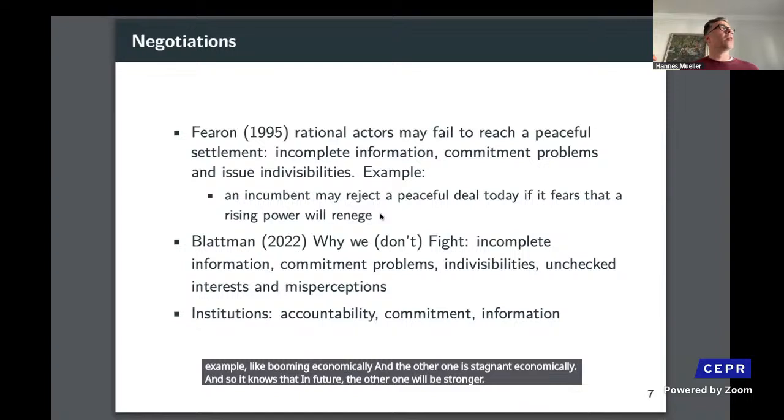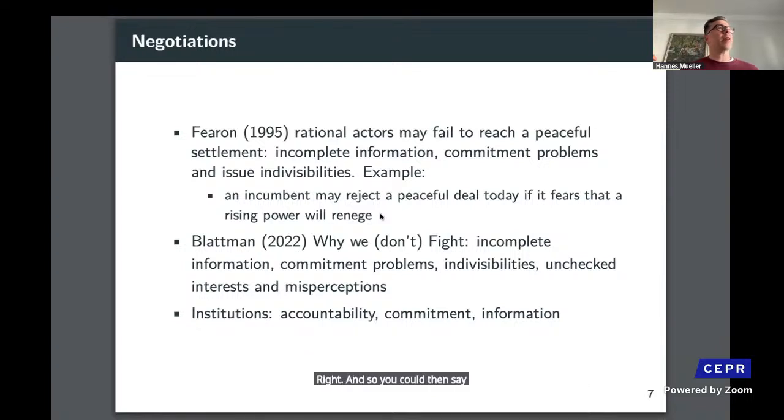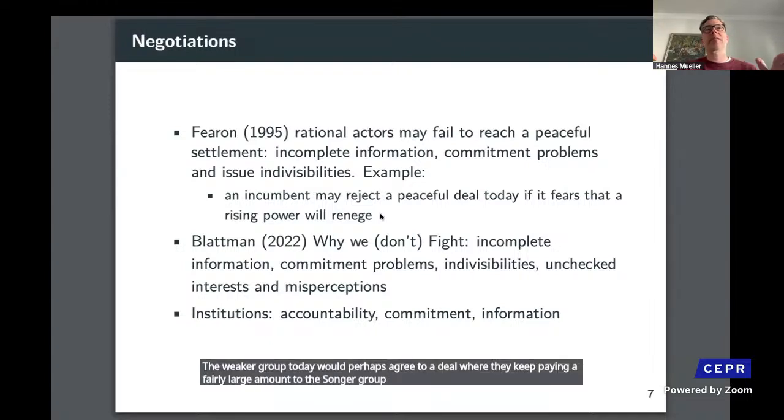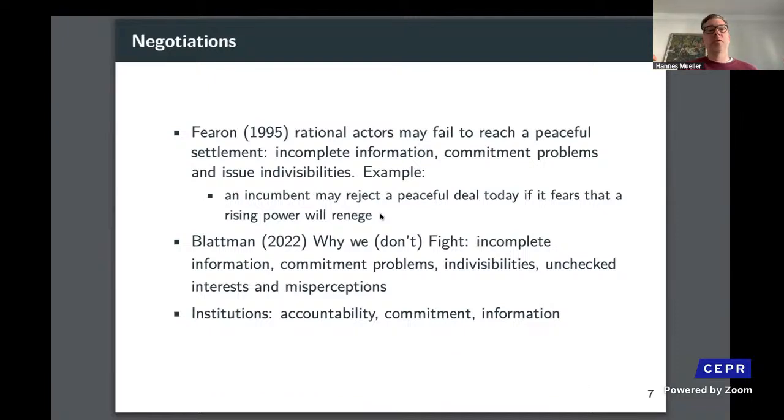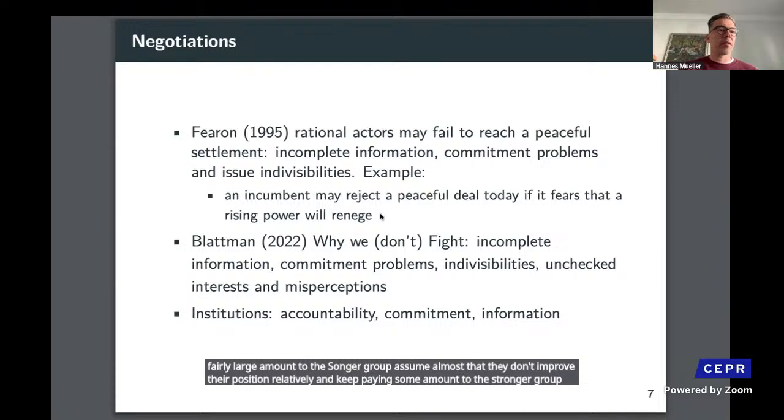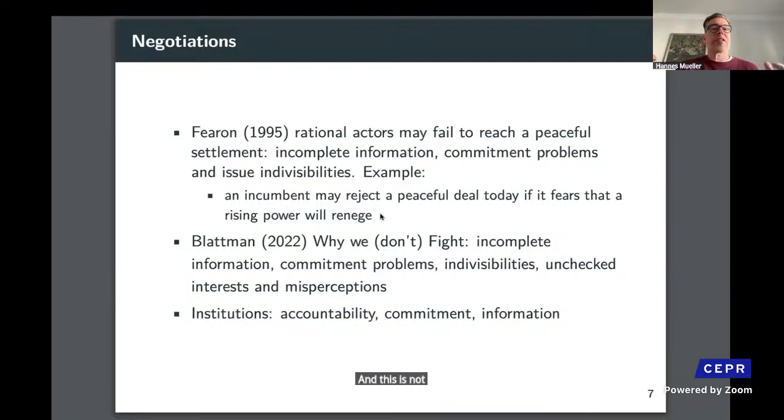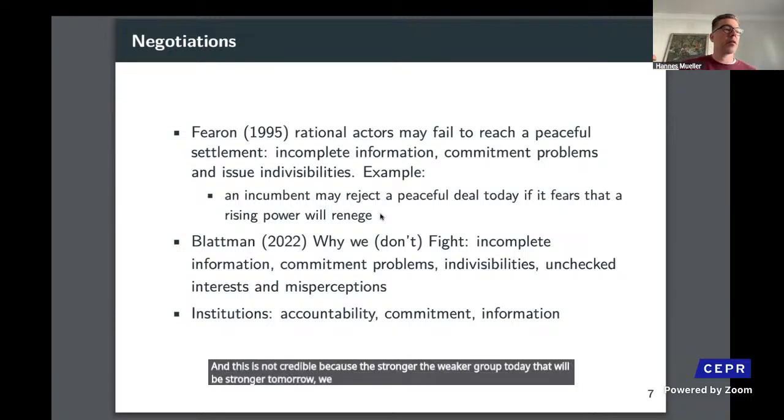And so you could then say, well, okay, the weaker group today would perhaps agree to a deal where they keep paying a fairly large amount to the stronger group. They assume almost that they don't improve their position relatively and keep paying some amount to the stronger group that doesn't reflect the future distribution of power. And this is not credible, because the weaker group today that will be stronger tomorrow will want to turn around and say to the group that is stronger today, hey, hold on a second, we are actually stronger now.